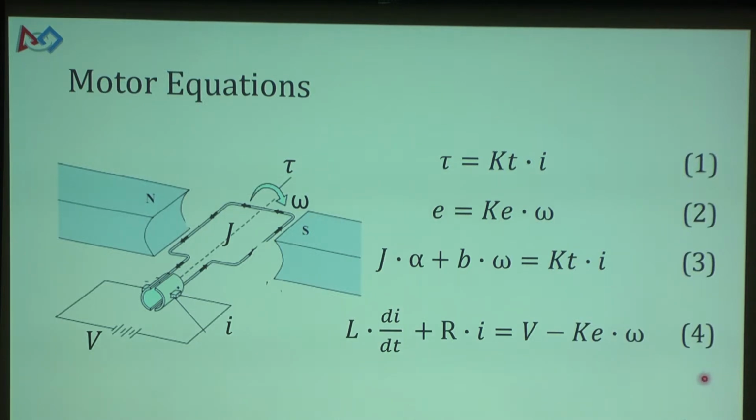Equation 3 is an expansion of equation 1, and it relates the applied current to the mechanical behavior of the motor and the acceleration. The fourth equation does the same thing for the electrical behavior of the motor.